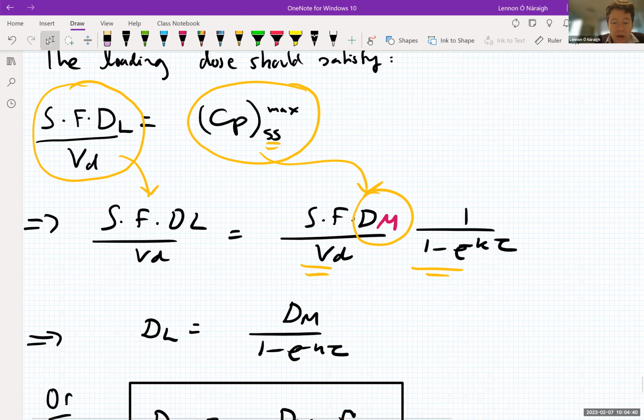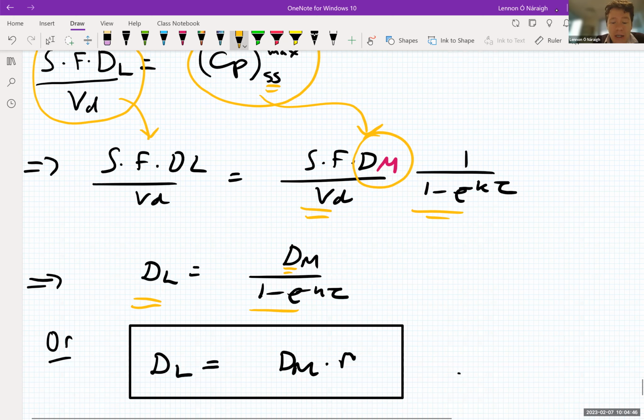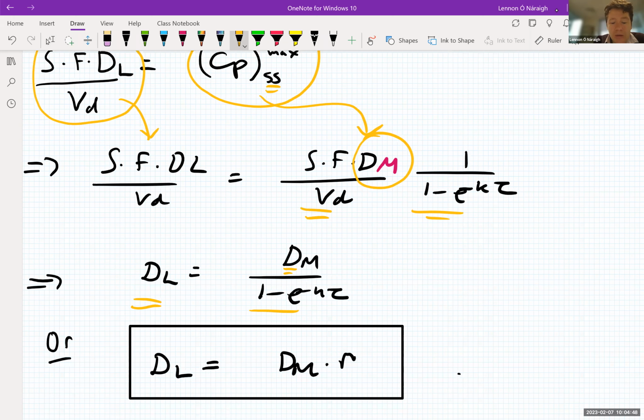And so I get a whole bunch of cancellations. So the loading dose is the maintenance dose over 1 minus e to the minus k tau. And another way to write this is with the accumulation factor, R. So the loading dose will be the maintenance dose times R.